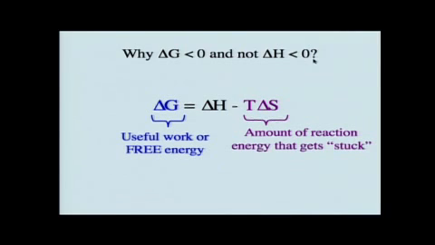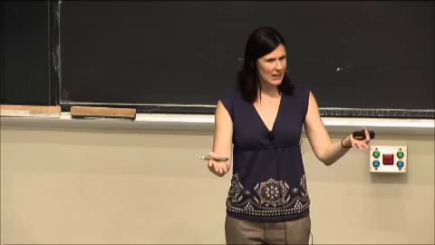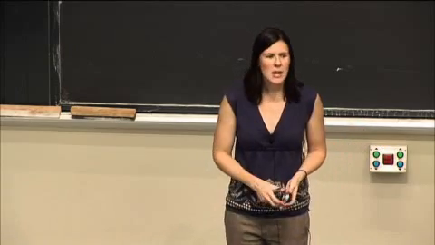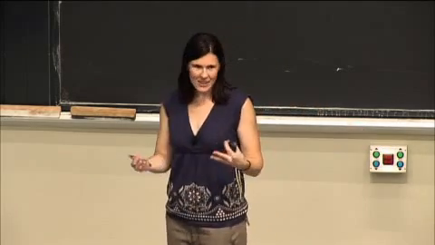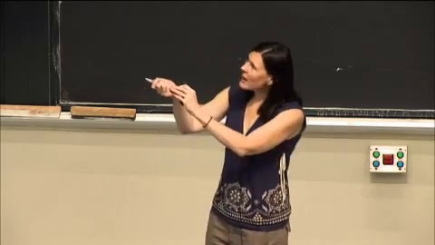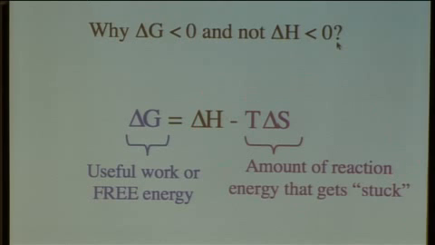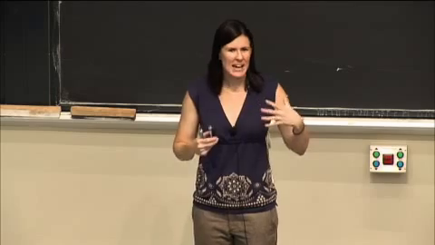Whereas enthalpy is the amount of heat that's released when we break and form the bonds in the reaction, but some of it actually gets stuck in the molecules. This is just a way to think about it: this term here is some energy that's getting stuck.